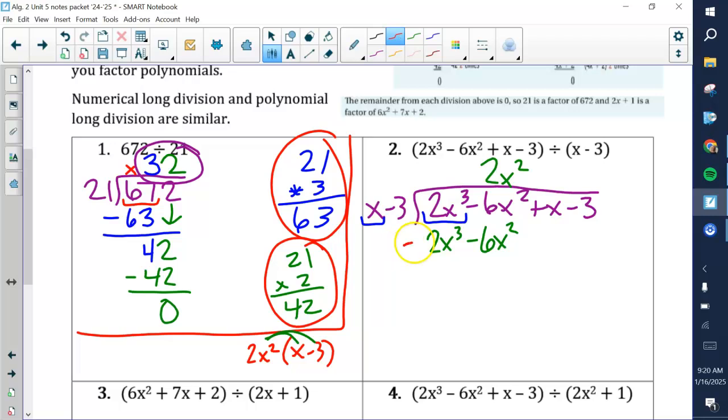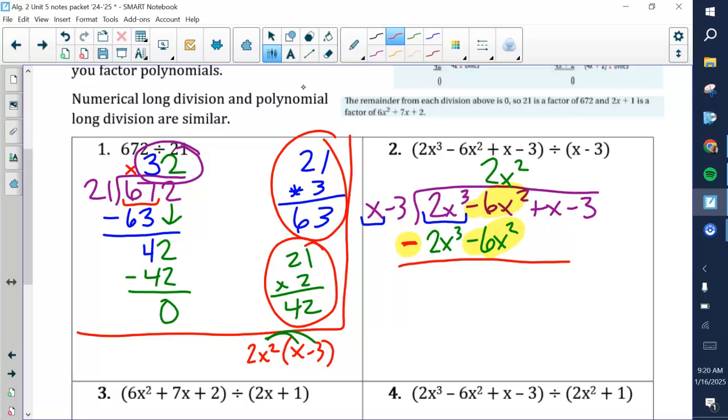I am now subtracting these. 2x cubed minus 2x cubed is 0. Okay, that you need to happen. Now I am taking negative 6x squared minus negative 6x squared.